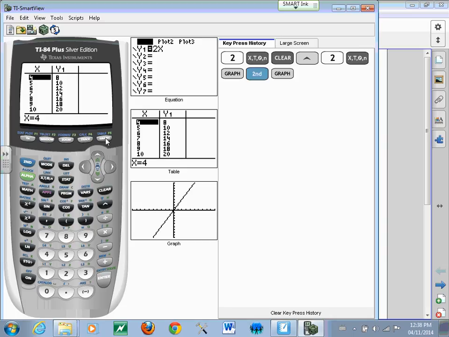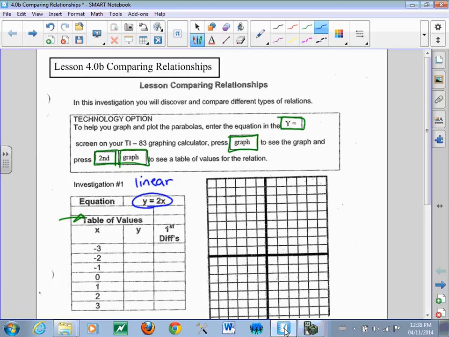Okay, and I'm going to use my arrows up and down to make sure I get the top, which I want is -3. Okay, so those are the values I'm going to enter in on my lesson. So I'll click back to my lesson, and I will go -6, -4, -2, 0, 2, 4, and 6.